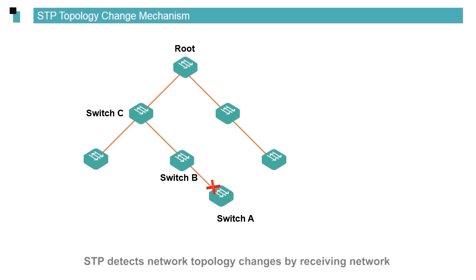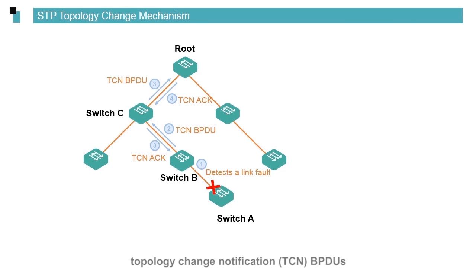STP detects network topology changes by receiving network topology change notification BPDUs. If a physical link between switches A and B fails, switch B detects the topology change and sends a TCN BPDU. Upon receipt of the TCN BPDU, each switch replies with an ACK BPDU and forwards the TCN BPDU to the root bridge.